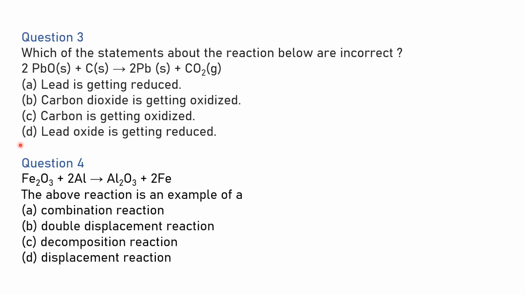Here, question number 3. Which of the statements about the reaction shown below are incorrect? Okay, now let's see the reaction. Lead oxide plus carbon gives lead plus carbon dioxide, right? As you can see, lead oxide, PbO, is a reactant, and in the product we are getting Pb.